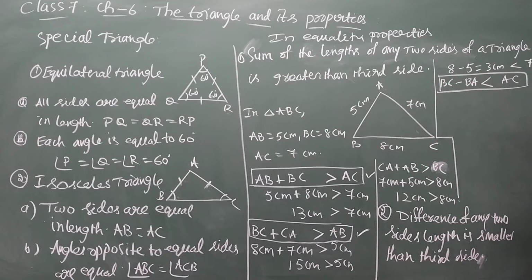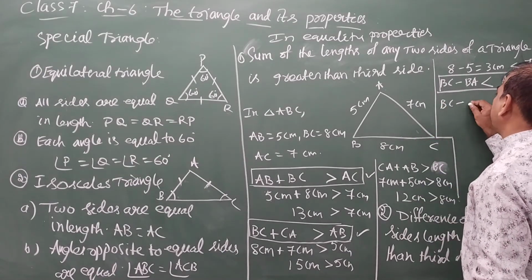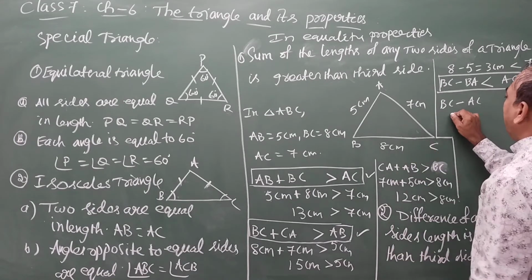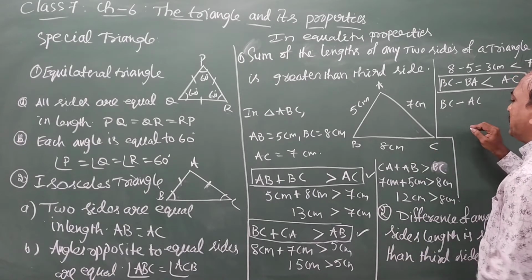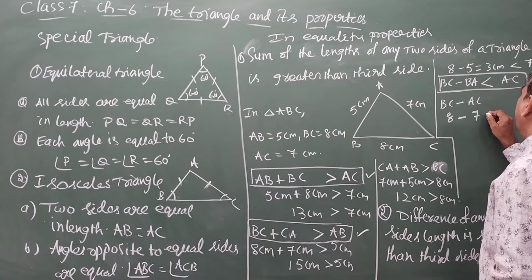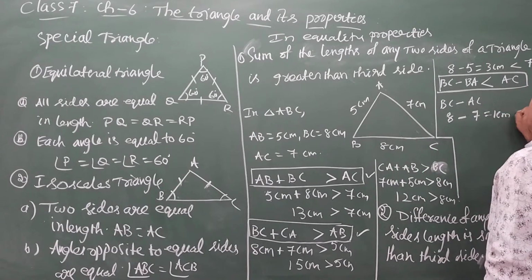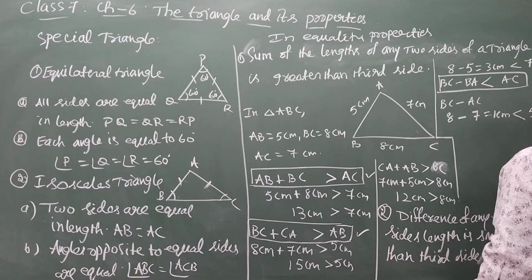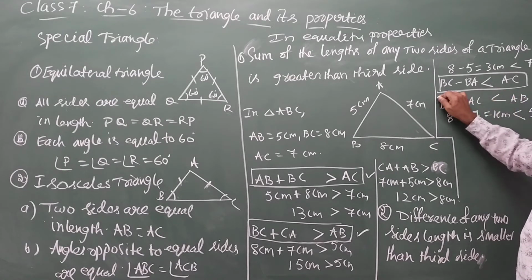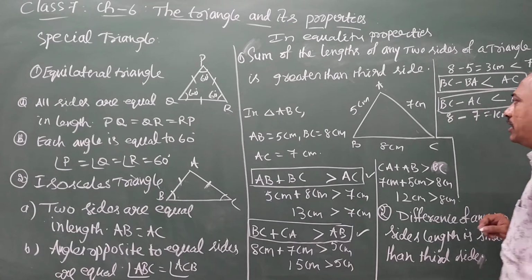Next, you verify BC minus AC. BC is 8 minus 7, which is equal to 1 centimeter. This is lesser than 5 centimeter. So BC minus AC is less than AB. This also is verified.